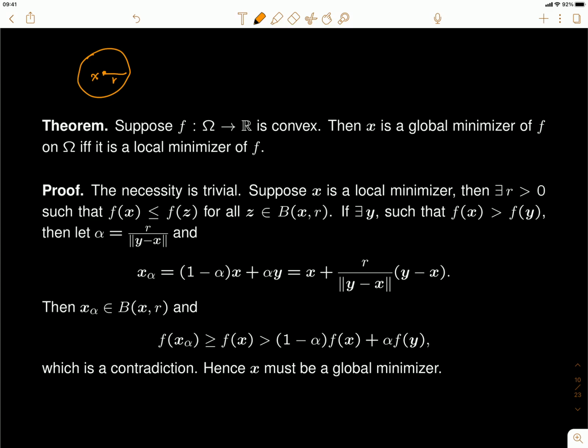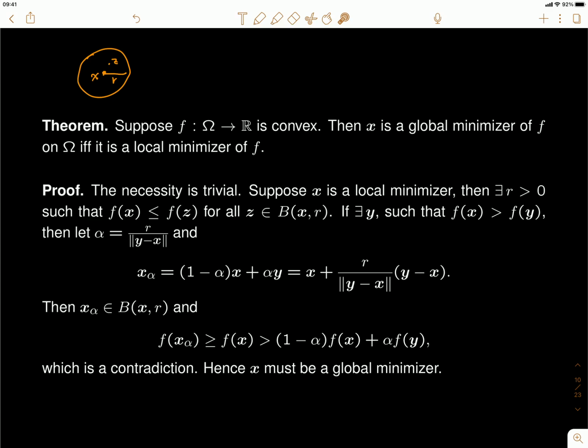So any point z in this neighborhood satisfies f of x smaller than or equal to f of z. You could have other points in this neighborhood taking the same value, but no one can take a smaller value, since x is a local minimizer.